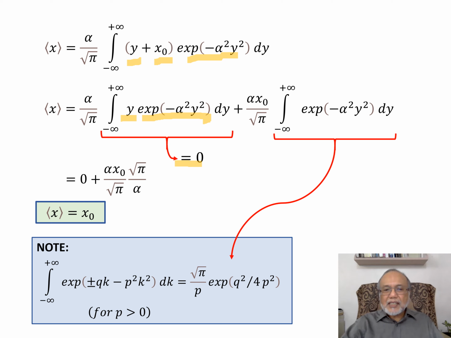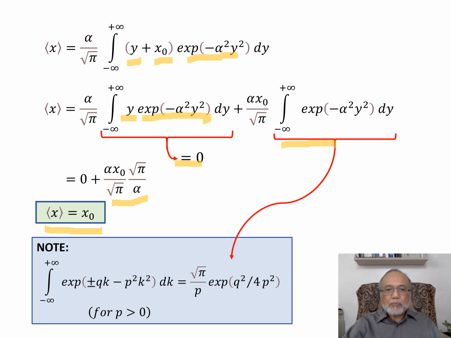On the other hand, this is just a Gaussian integral, and so this term would give us the square root of pi over alpha. So cancellations would happen between the square root of pi and alpha, and you're just left with the mean of x being your initial point, the starting point of your fluctuations.